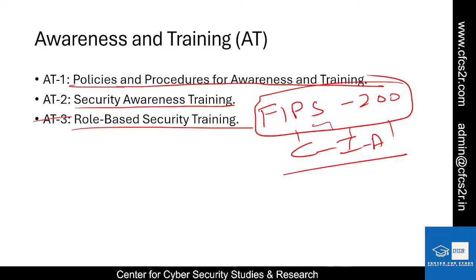We are just talking about the controls listed here: 81, 82, and 83. So AT represents awareness and training, and we have broadly three controls in this.